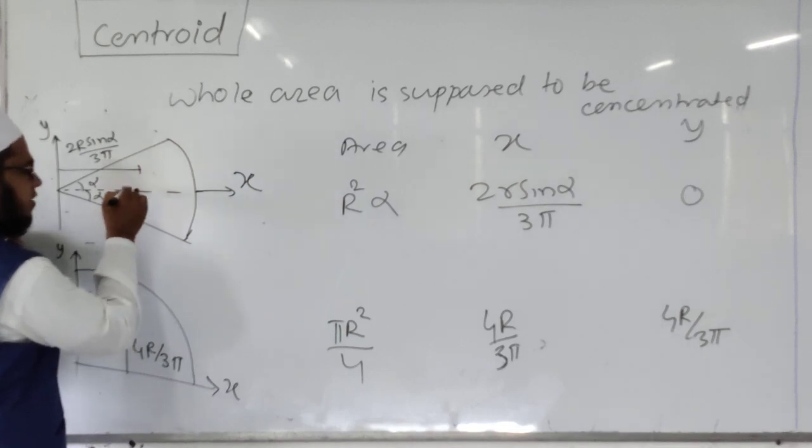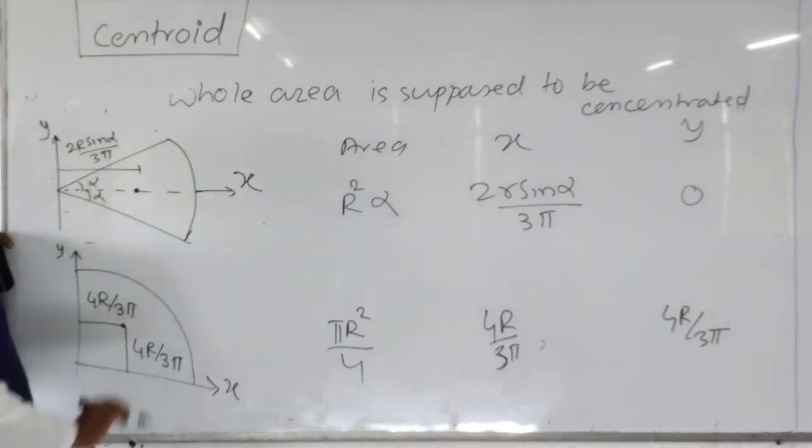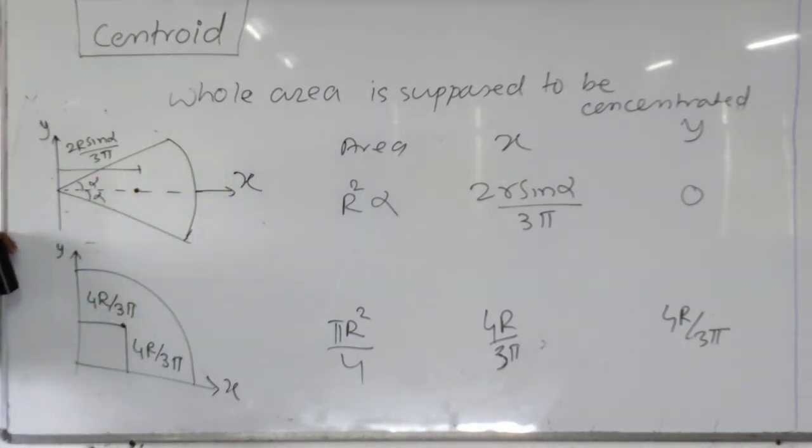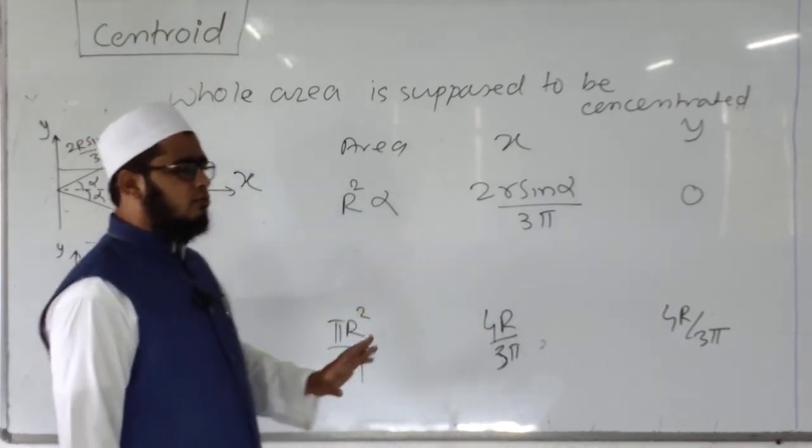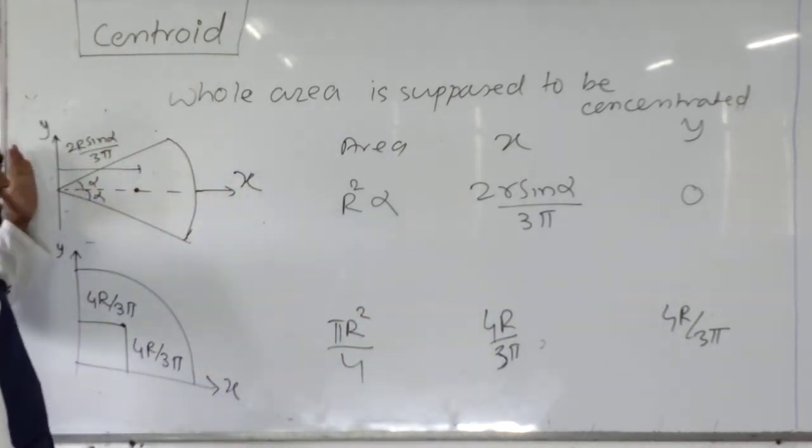Therefore, the centroid is lying on x axis. That's why the value of the coordinate is 0. So we have to remember all these standard formulas, and remember these values 4r by 3 pi, 2r sin alpha divided by 3 pi. It is given from these reference axes.